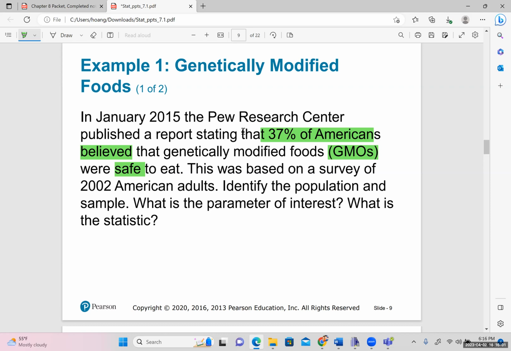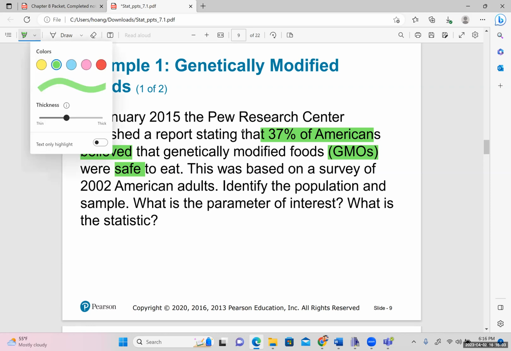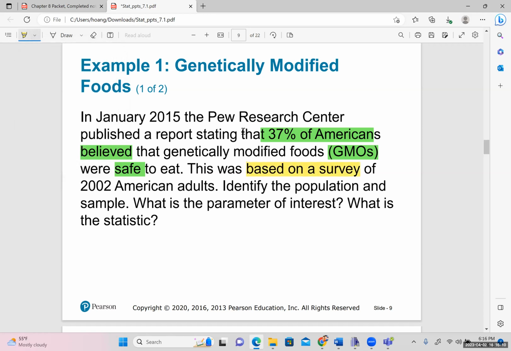Take a look at the second sentence there. This was based on a survey of 2002 American adults. That means they did research with a sample size of 2002 American adults, right? They asked those people whether they believe that GMOs were safe.